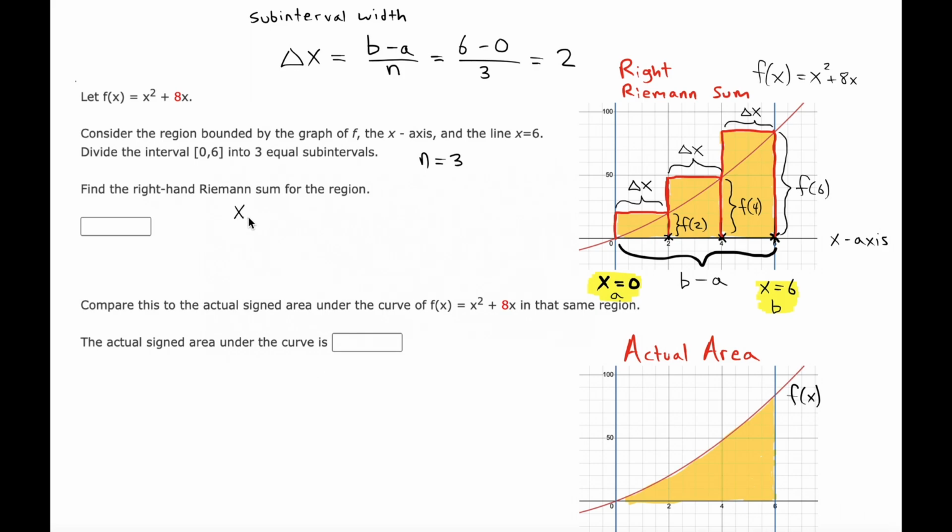First, I'll say what the x_i is. This is going to be the right side of the subintervals, which is going to be 2, 4, and 6. Then we're going to plug those x's into the function in order to determine the heights of the rectangles.